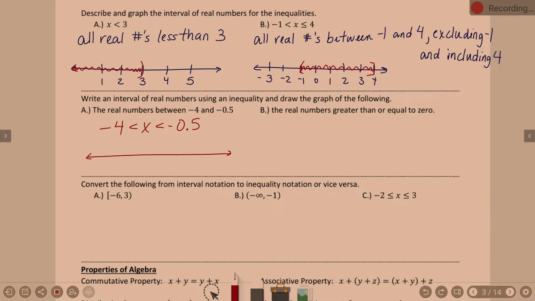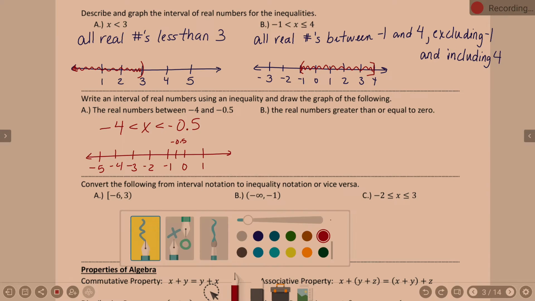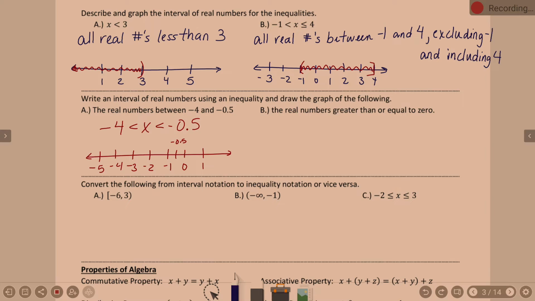Let me get my graph set up here because I don't think that's where you need my help. I'm setting up my number line, I guess I should say. I just numbered by ones, but I threw in the -1/2 there.